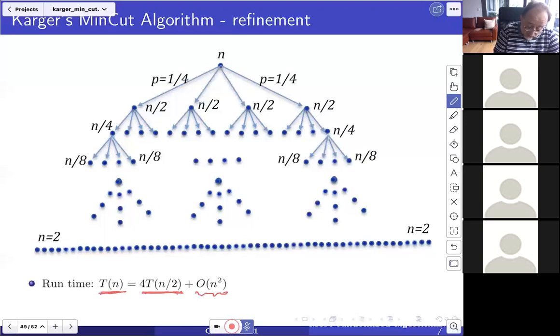You have to update their capacities by summing the capacities of the edges connecting to both ends. So clearly, you have at most n squared pairs of vertices to consider whether the edge has to be updated or not. So the runtime is this.